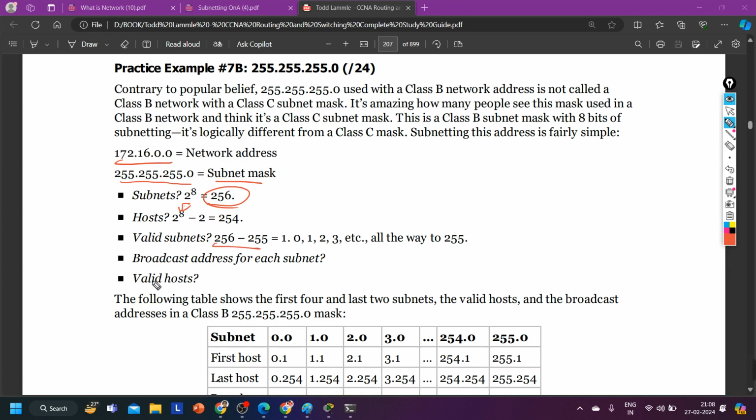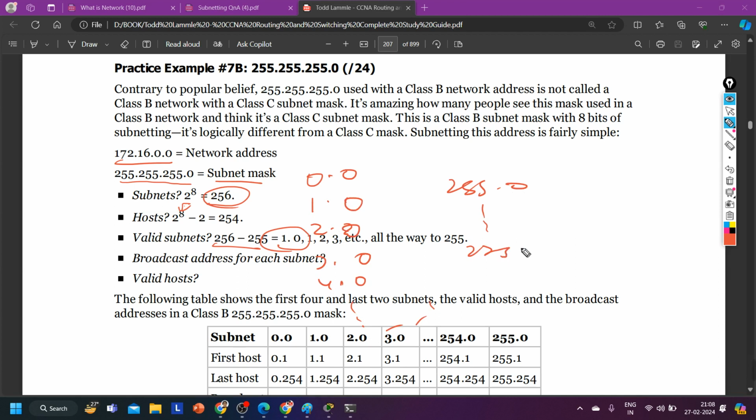Then the block size is 256 minus the subnet mask of the last octet, which is 255. So what value will I get? 1. So my first network starts from 0.0, then 1.0, then 2.0, 3.0, 4.0, and so on until 255.0.